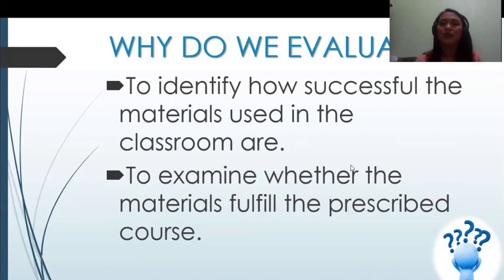And after using it, we think, oh, maybe this is not suitable for my learners. So if we did that, we could examine if we really use accurate materials or not. Of course, there are criteria, checklists, and formats in doing that. So later on, my other mates will discuss it.